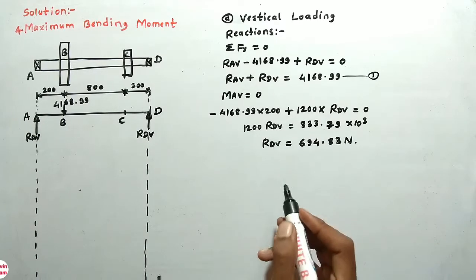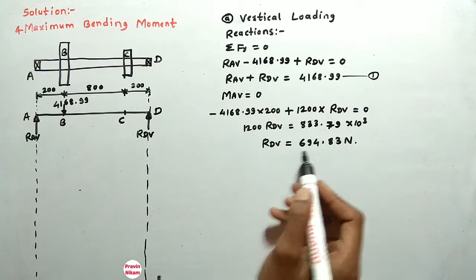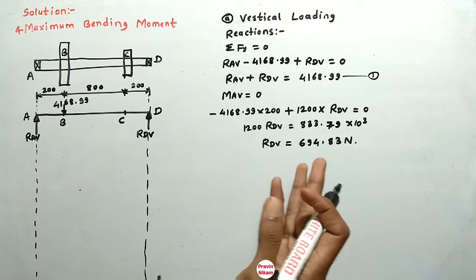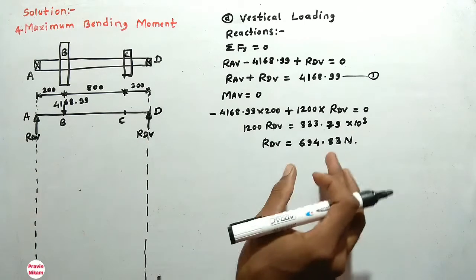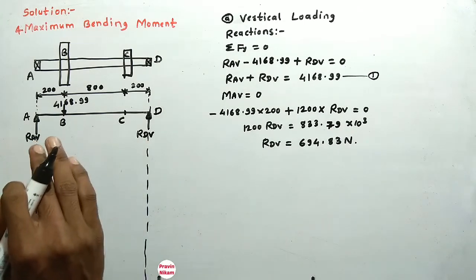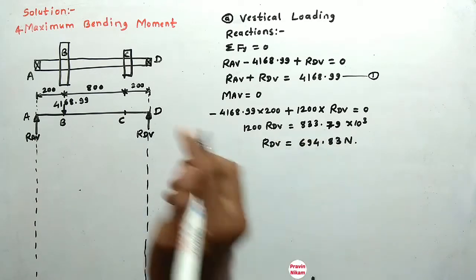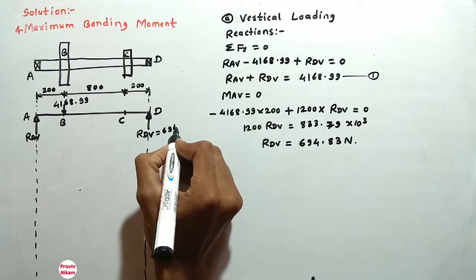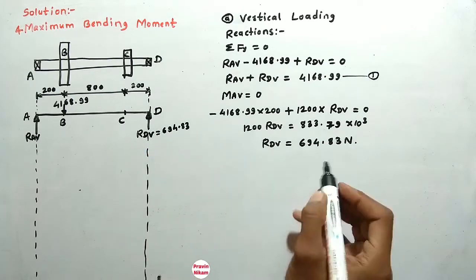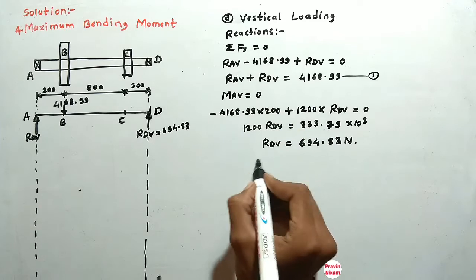Care should be taken while writing this value in the diagram. Some directly write it here, but that value is incorrect. RDV is there, so write 694.83 here.